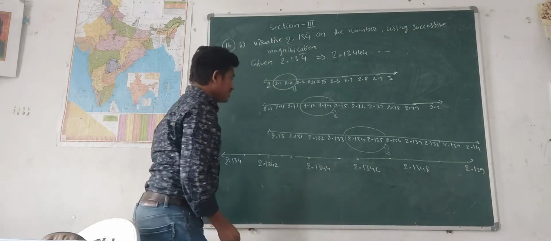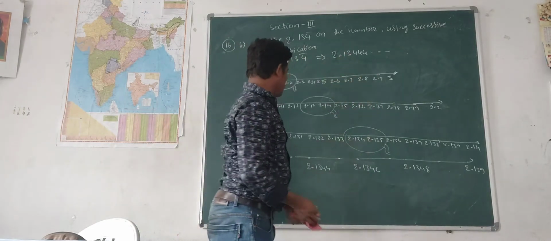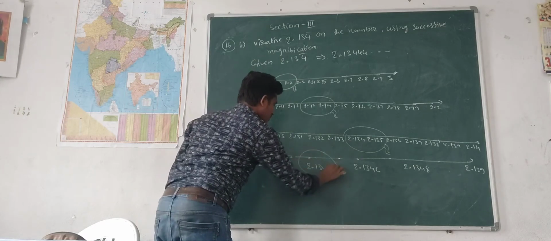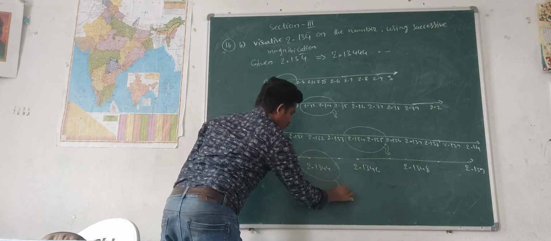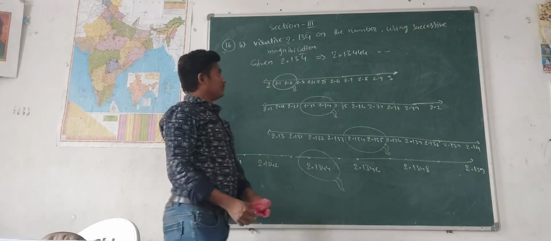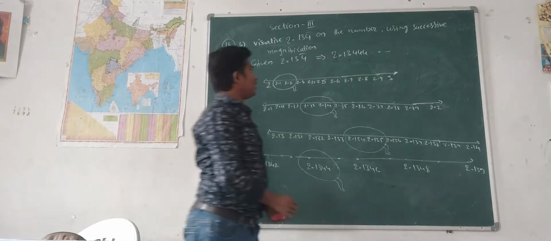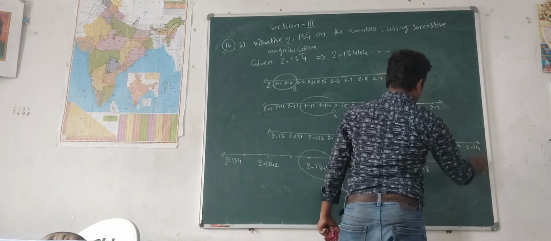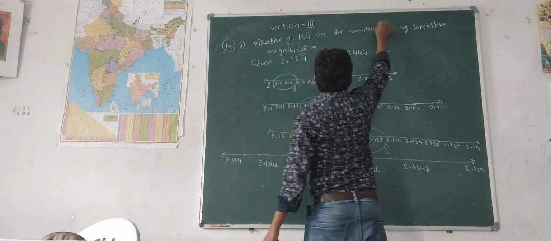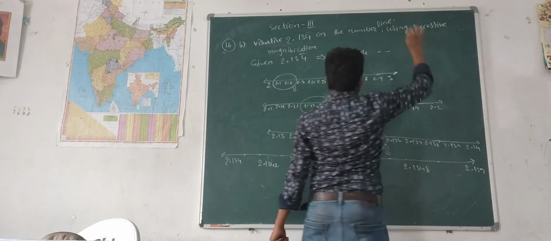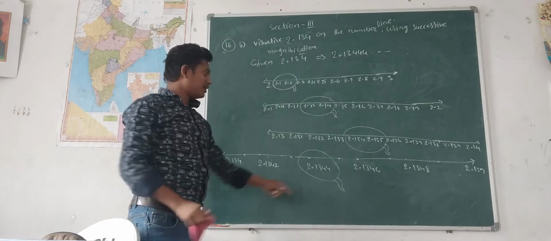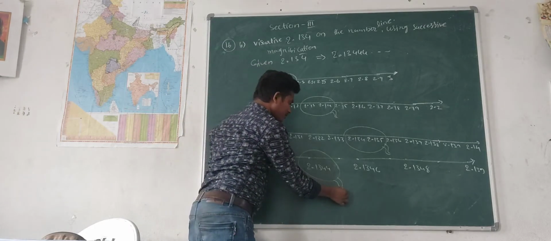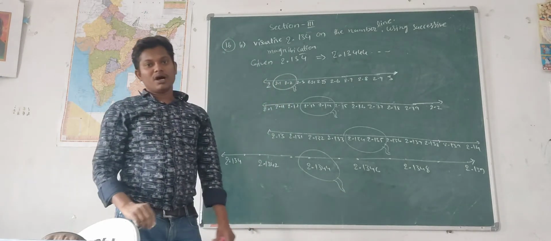Okay, so where is our 2.1344? This value will be our 2.1344, the required value on the number line.